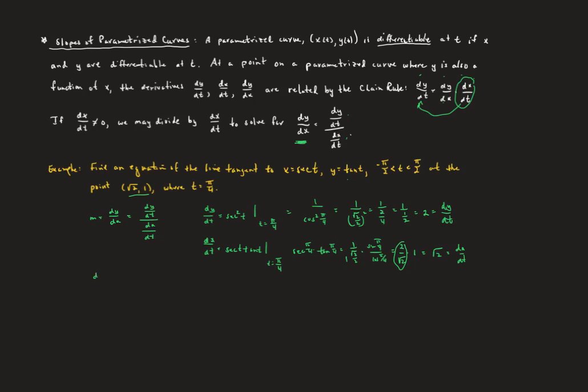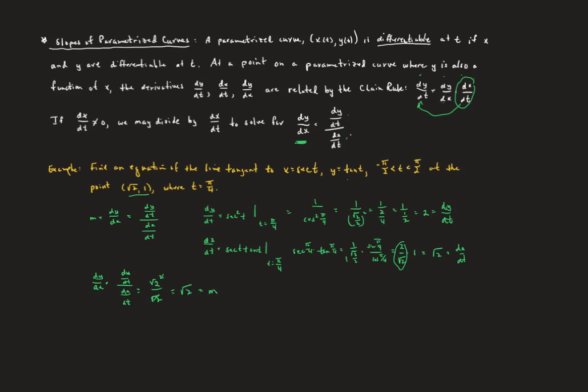So we're getting there. dy/dx is going to be dy/dt over dx/dt. And we found dy/dt to be 2 and dx/dt to be the square root of 2. So if we think of 2 as being the square root of 2 squared, we get that dy/dx is square root of 2, which is our slope.